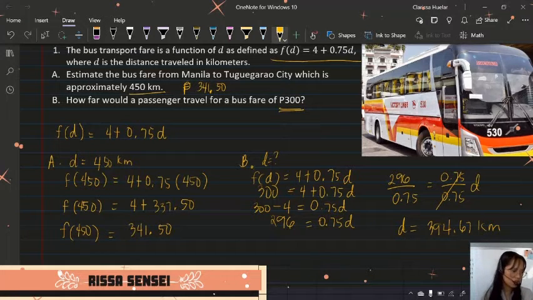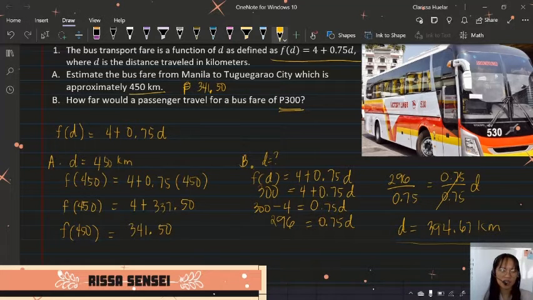Ibig sabihin, ang matatravel ng isang passenger na merong bus fare ng 300 pesos is 394.67 kilometers. Ay, sorry, kilometers ba yan? Nahilo na. So, it's 394.67 kilometers. Okay. So, that's the answer in letter B.